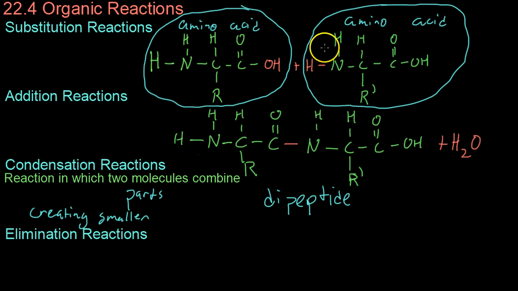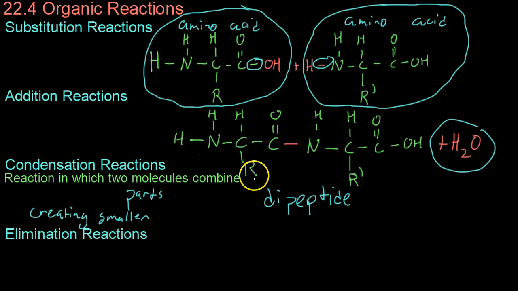By reacting the hydroxyl group at the end of the carboxyl section of the molecule, as well as this hydrogen, you can form water, but that will leave these two bonds open. These two will naturally then want to combine, making these two amino acids into a dipeptide molecule.